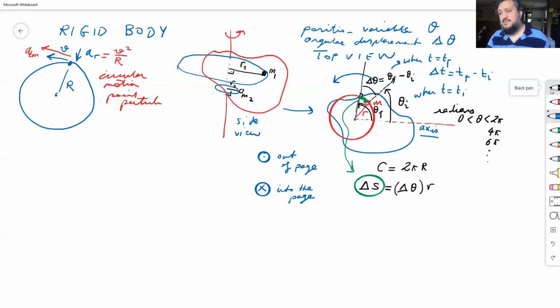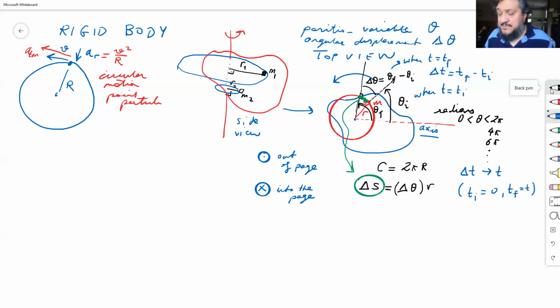And most of the time, you just start your stopwatch when theta is where you want it to be, theta i. So ti is 0 most of the time, okay? So in that case, instead of dealing with ti and tf, you just use t, the variable t. You drop the index f, and ti is 0. So this means ti was chosen to be 0. That's when you start your stopwatch, and tf simply is t. Okay, just a simpler version.